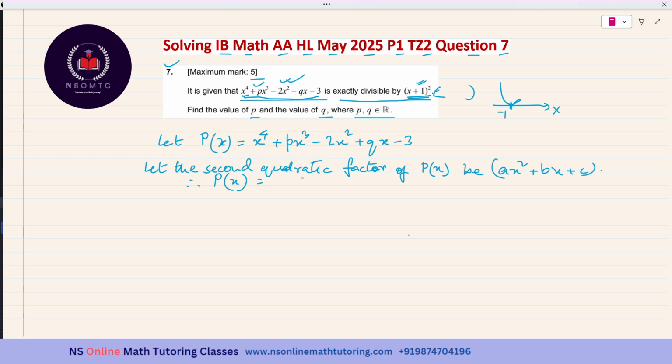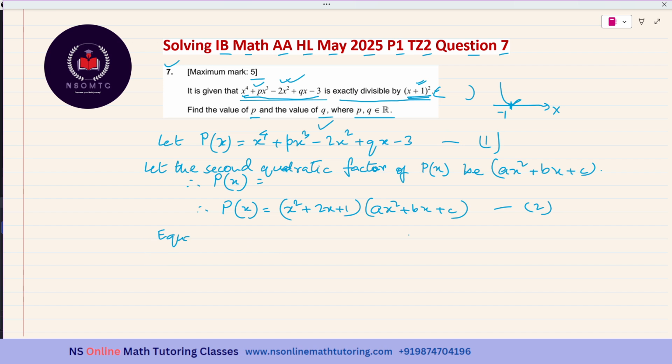Therefore, p of x equals (x plus 1) whole squared, I'm expanding it, x squared plus 2x plus 1, and ax squared plus bx plus c. If we multiply these two, we will get this quartic expression. So this may be 1 and this may be 2.